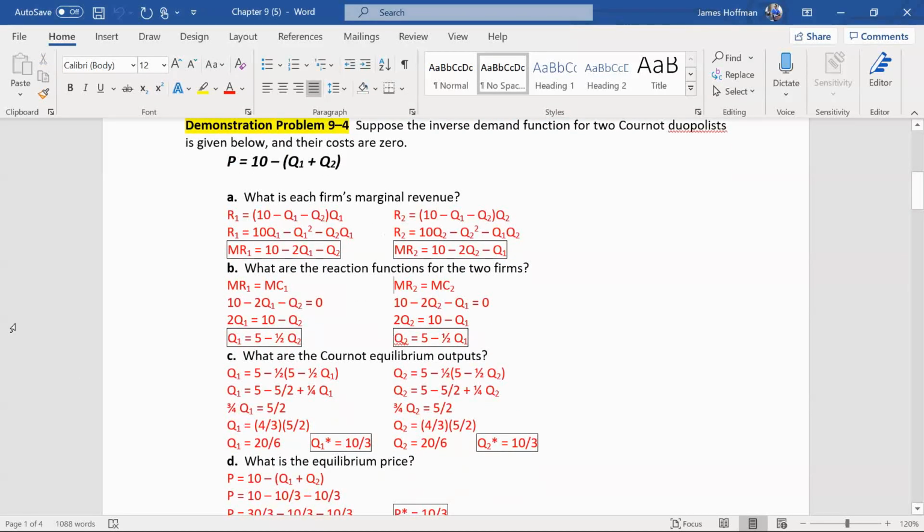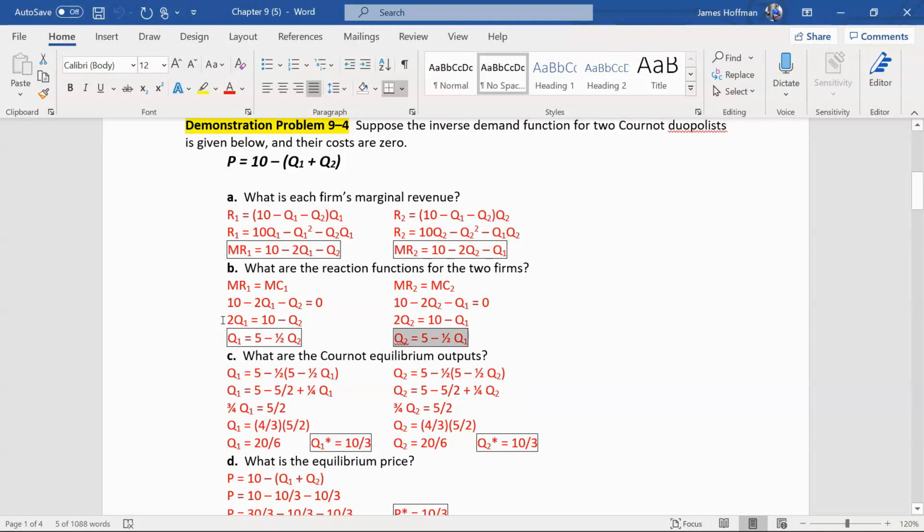All right, so here's firm 2's analysis. Same thing, MR2 equals MC2. MR2 is 10 minus 2Q2 minus Q1, and MC2 is 0. Add 2Q2 to both sides and subtract 10: you get 2Q2 equals 10 minus Q1, and then just divide by 2, and you get Q2 equals 5 minus 1/2 Q1.